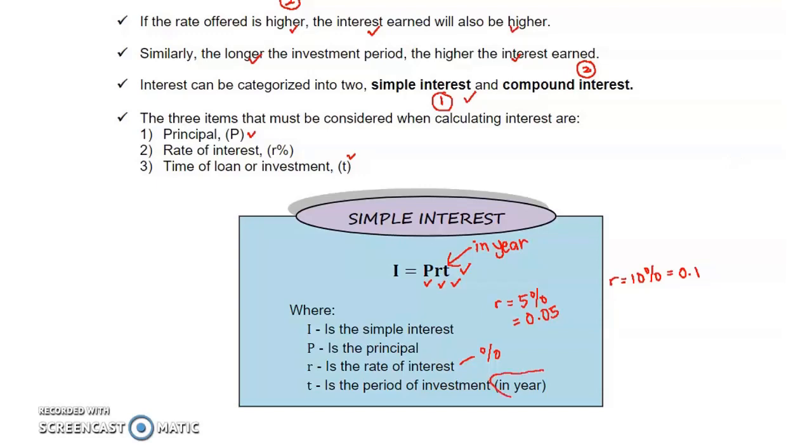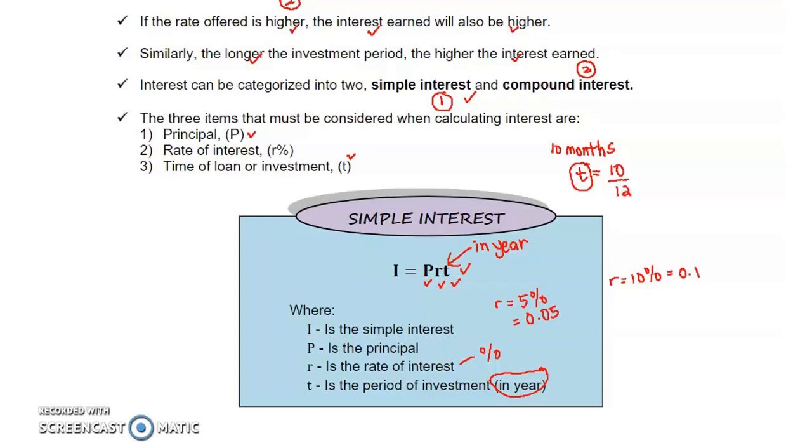Let's say you borrow or invest for 10 months. T must be in years, so to convert months to years, 10 months is divided by 12. Remember, the value T must be in years.